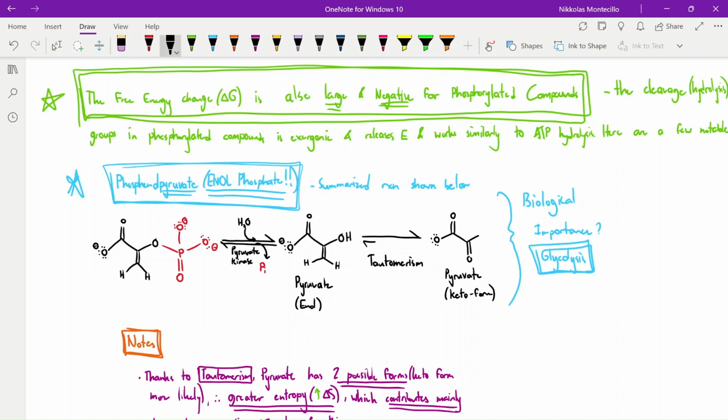And this pyruvate molecule in its enol form will tautomerize, which just means that this enol will be converted into a ketone, right? As shown here. This ketone right here. And tautomerism just refers to tautomers, which are essentially two constitutional isomers, right?